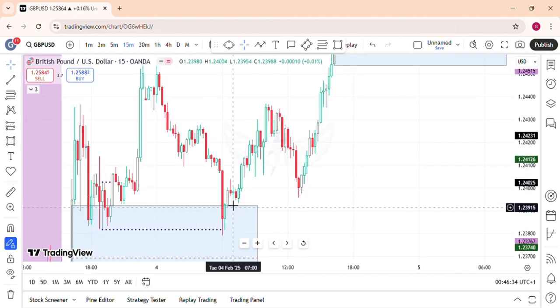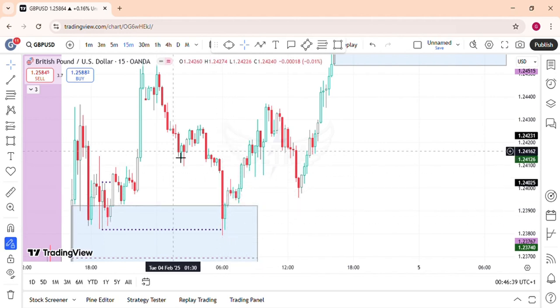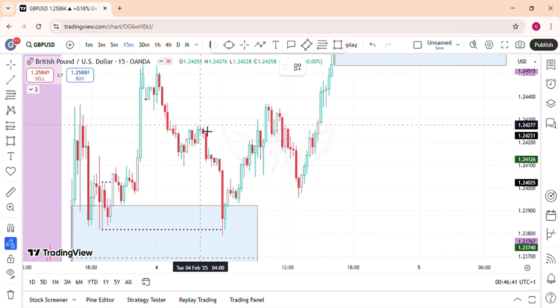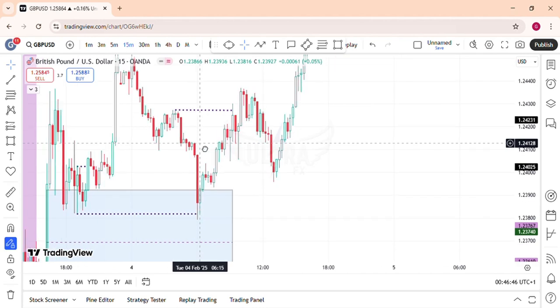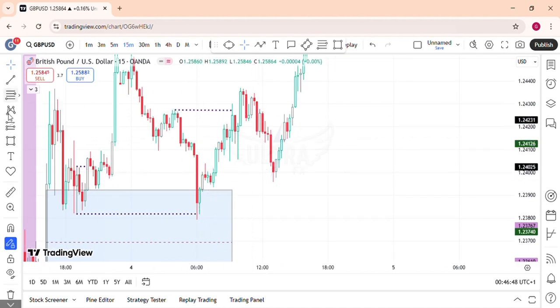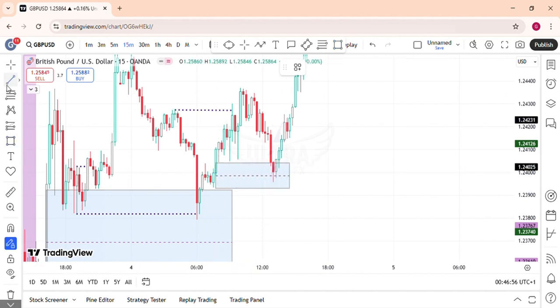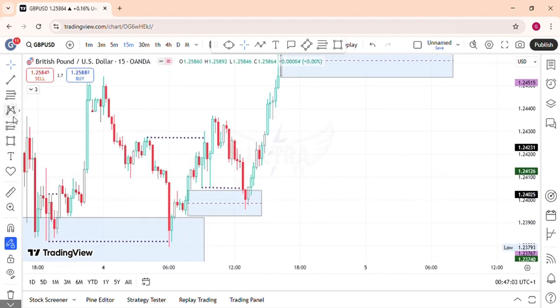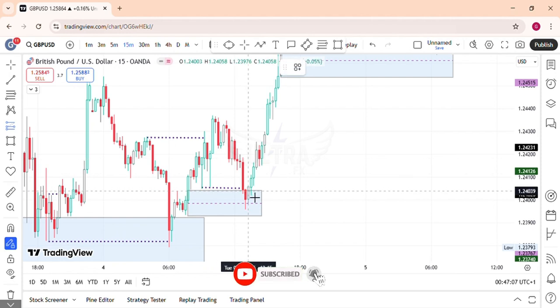So market taps into this fair value gap, but did not give me a break of market structure, but rather gave me a break of market structure around this spot here. After giving me a market structure break, I would use this fair value gap to enter, and using this as liquidity for market to push upward, so giving me a bullish setup.